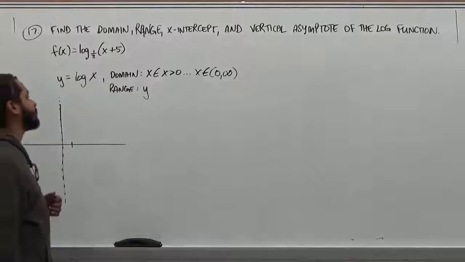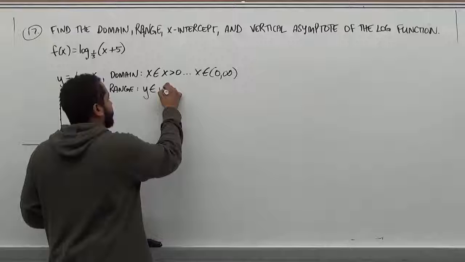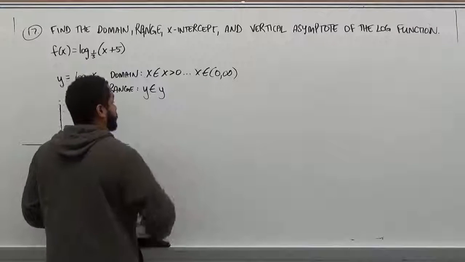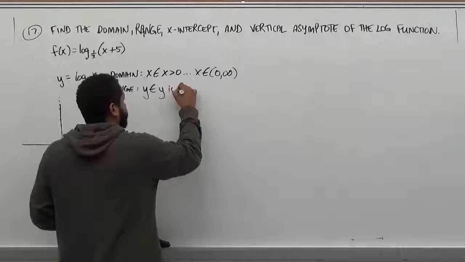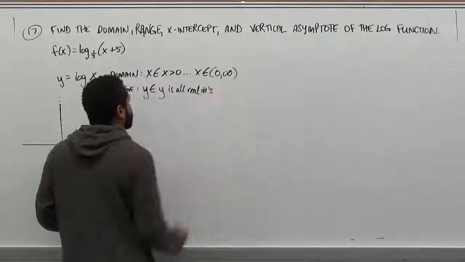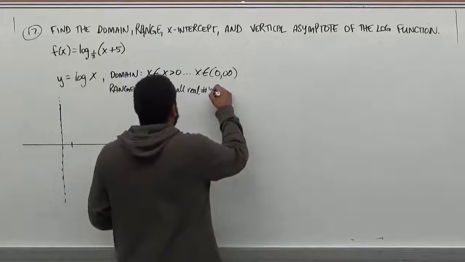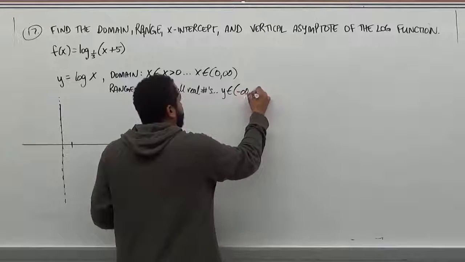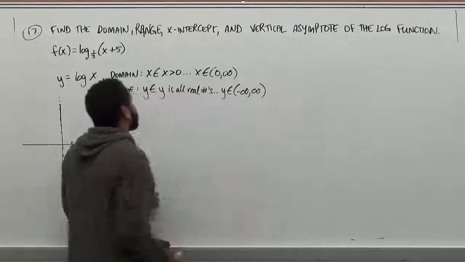And the range component, we know this is always going to belong to y being all values. What this translates into is that y belongs to negative infinity to infinity, because it covers all values.